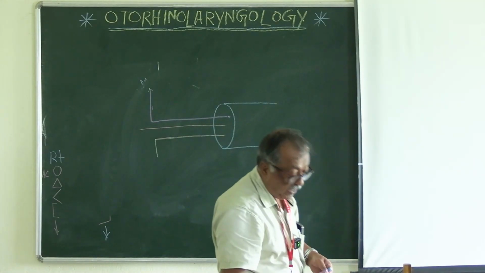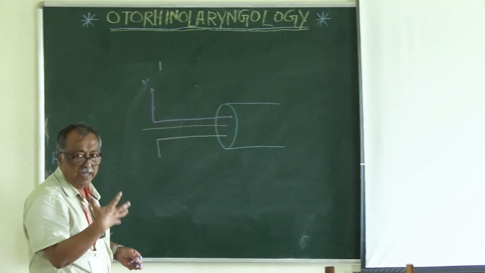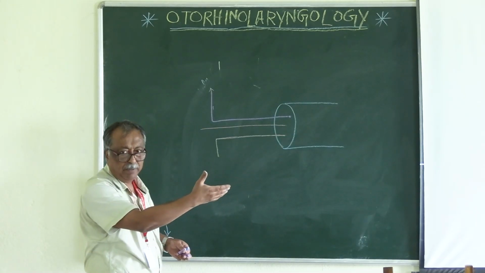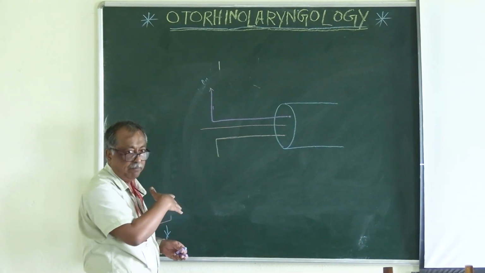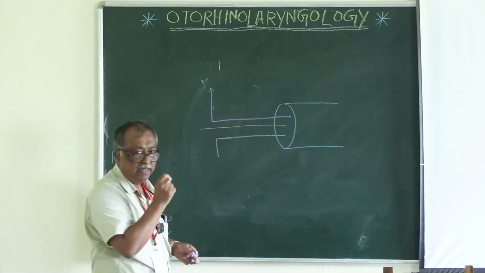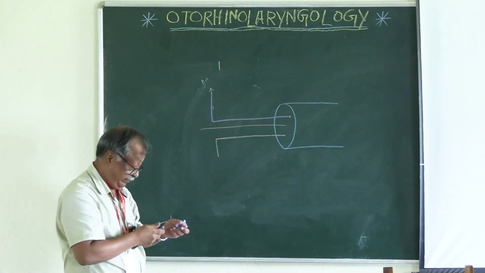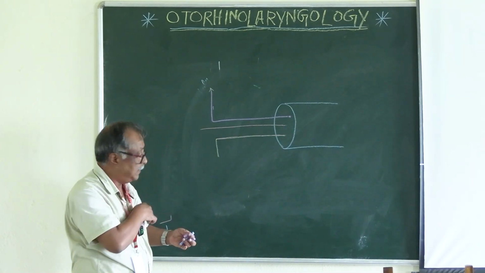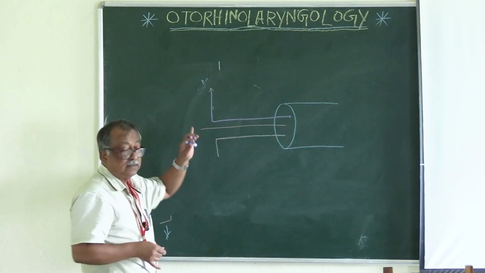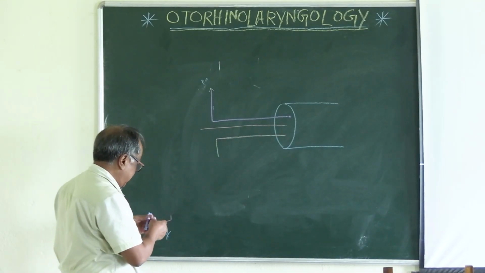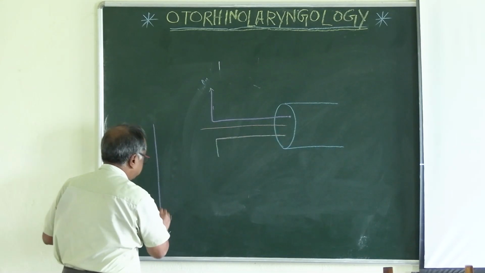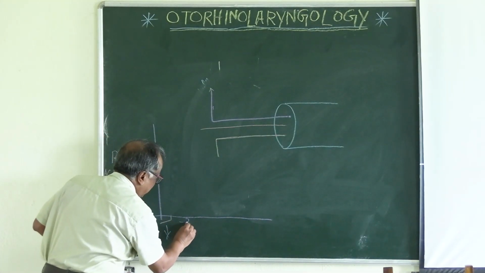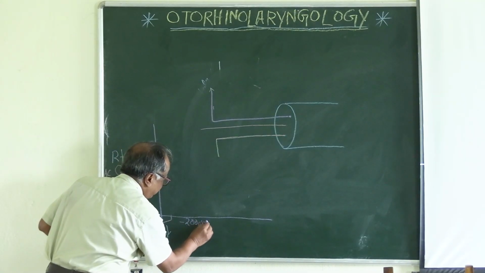The air pressure is given with respect to the middle ear pressure or atmospheric pressure. It may be more than the atmospheric pressure or less than the atmospheric pressure. And it is measured by the curve. The pressure starts from minus 200 millimeter of H2O.